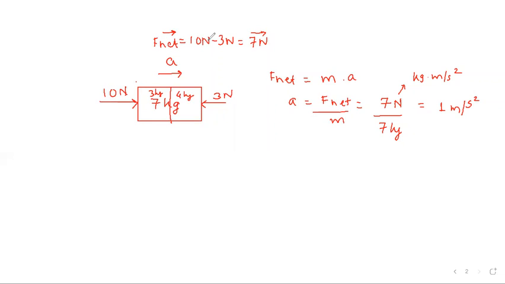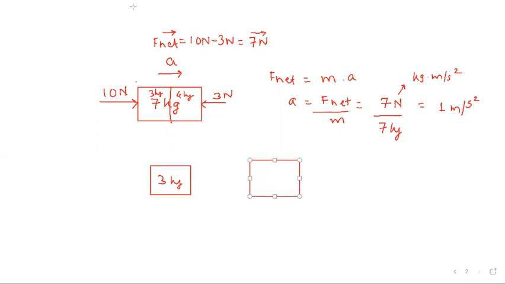So I am drawing now a free body diagram. This is a block of mass, let us say, 3 kg, and I am drawing another block of mass 4 kg.